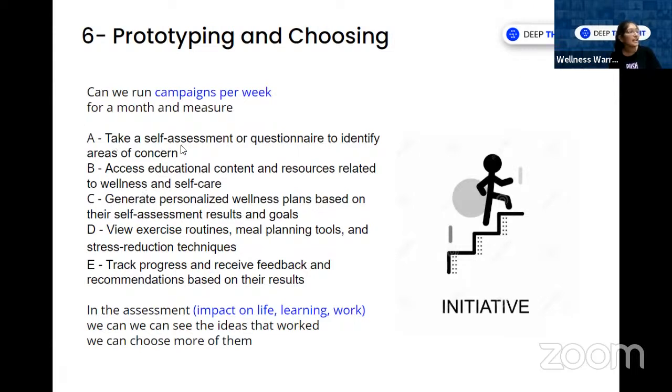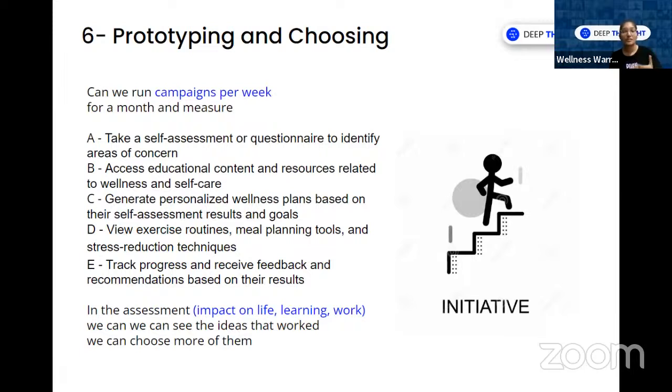So we can take a self-assessment and questionnaire to identify what areas of concern people are facing. We can give them educational content and resources related to wellness and self-care, and how they can adapt it. We can generate a personalized wellness plan based on their self-assessment results and goals, with exercise routines and meal plans, because most people are facing this problem.